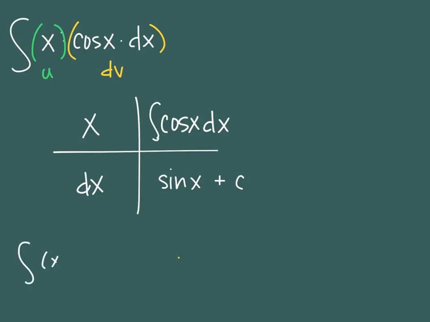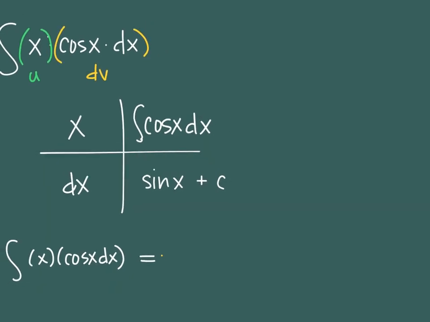Now, the original problem, which I split up this way, is now solved by the following combination, and I had you write it down. It's u and v, where u is x, and v is sine x, not the plus c right now. We're going to put the plus c someplace else.